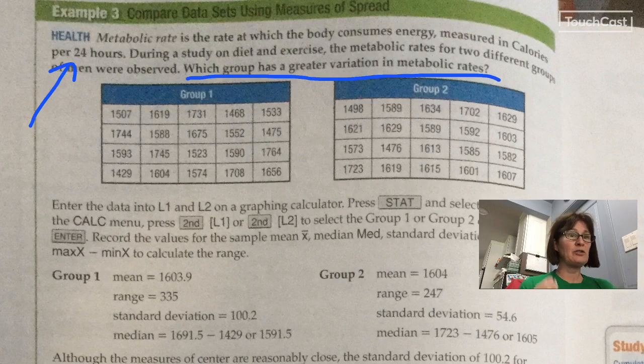Anytime you want to compare two data sets, here they just specifically asked about variation, but it would be expected that you would compute all those measures for both data sets so that you can make good comparisons. So feel free again to use your calculator. There are all kinds of online apps that you can use. You do not need to compute these statistics by hand, although I want you to remember how to compute them by hand. So for each group, we're going to find mean, median, mode, range, variance, standard deviation.